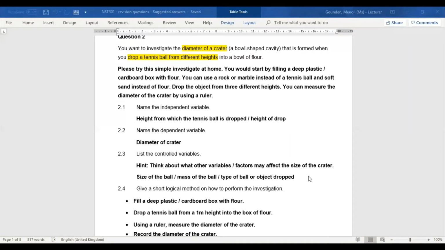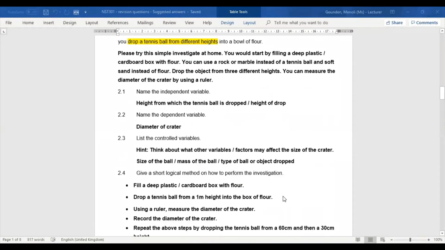Also, if children in a class are doing this, you should assign one child to do a specific task. So if one child is dropping the object, the same child needs to drop the object at different heights. If one child is measuring the diameter of the crater, the same child must measure the diameter of the crater that is created when the ball is dropped from different heights.